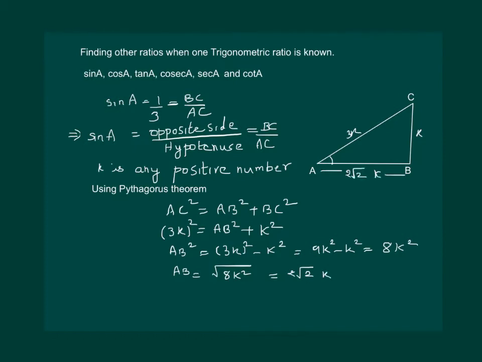Since we have the value of AB now, we can calculate all the other ratios. We know that cos A equal to adjacent side by hypotenuse, which is equal to AB by AC, which is equal to 2 root 2 times k by 3 times k, and we get 2 root 2 by 3.